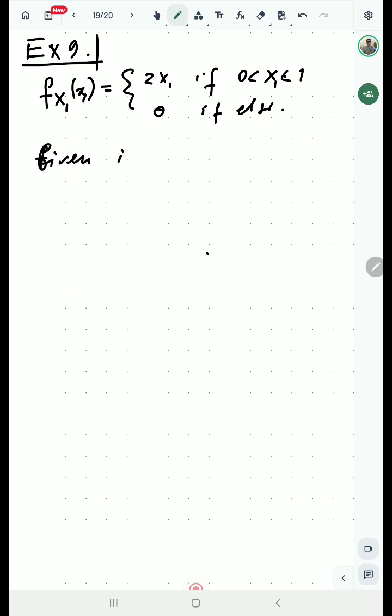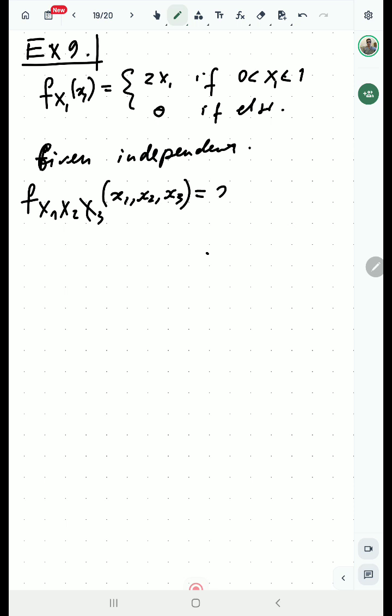Given independence of X1, X2, and X3, if they're mutually independent, then I can say that the joint density f(x1, x2, x3) is equal to 2 times x1 times 2 times x2 times 2 times x3, which is equal to 8 times x1 x2 x3.